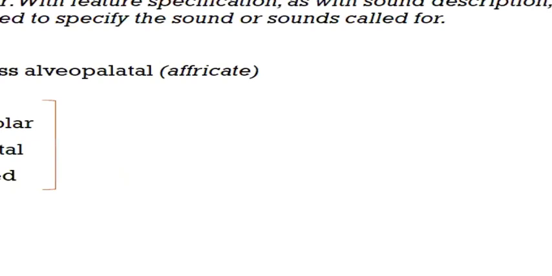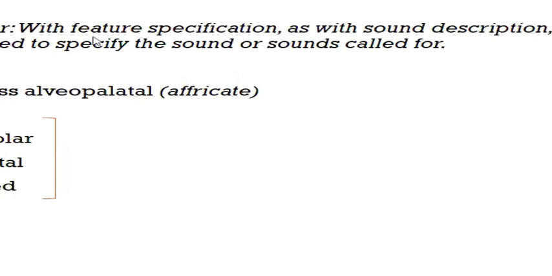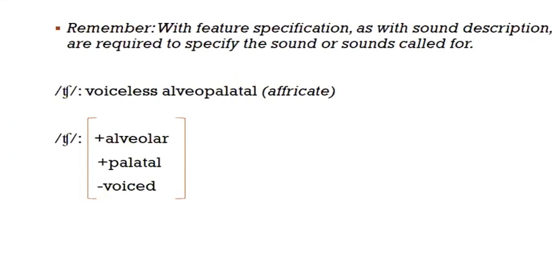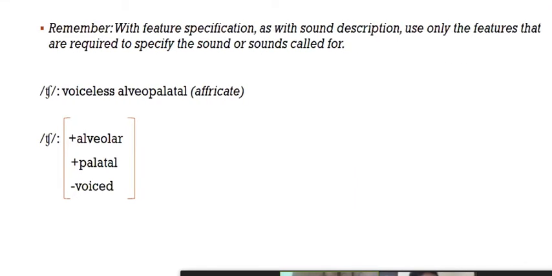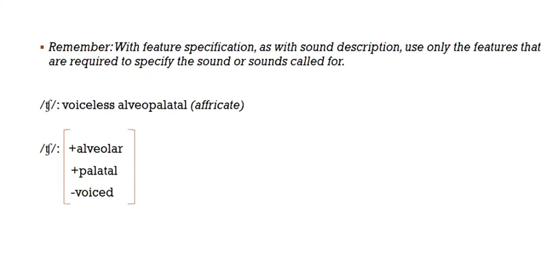Okay, this is just a reminder: with feature specification, as with sound description, both of them use only the features that are required to specify the sound or sounds called for. Just take a look at the chart, see if the description or the feature you are specifying is necessary. If it is not necessary, simply omit.